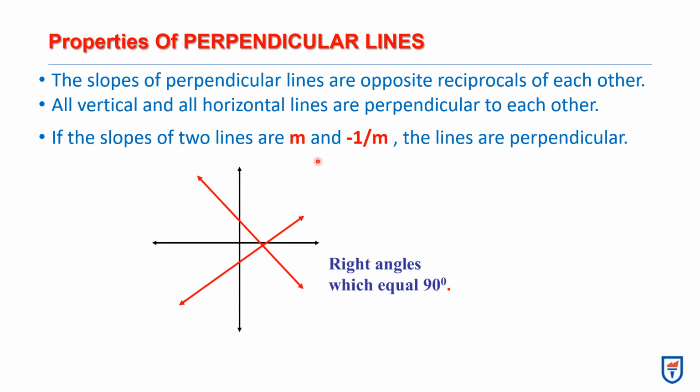If the slope of one line is m and the second one is -1 over m, the lines are perpendicular. For example, these two lines cross each other at an angle of 90 degrees. One line has a slope of m and the other has a slope of -1 over m. These two lines are perpendicular to each other.